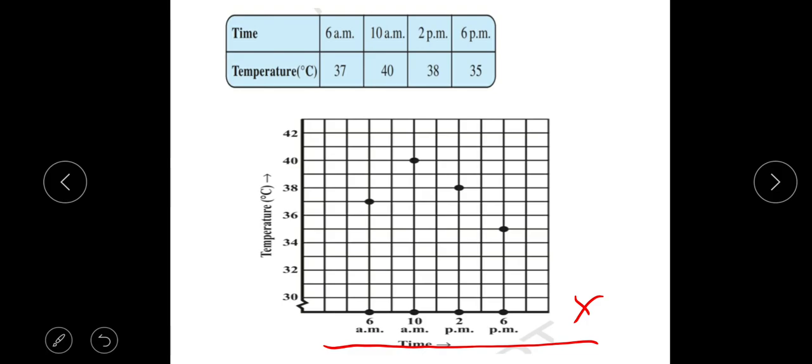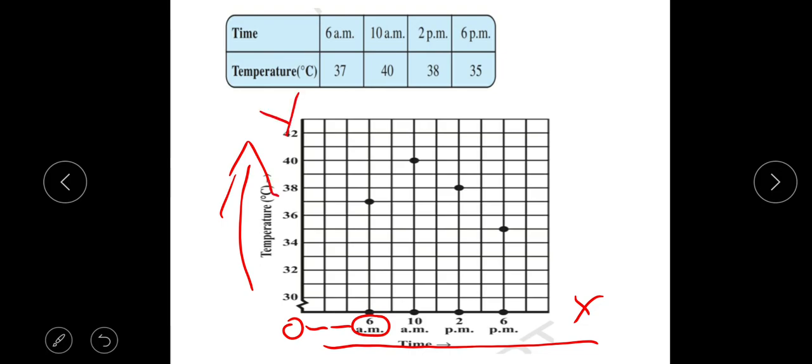All are 4 hours apart, right? So this joining point is 0. Then each unit we consider as 2 hours, right? So 2 hours, 4 hours and 6 am here, right? Then 8 am, 10 am. Each equal gap is 4 hours.